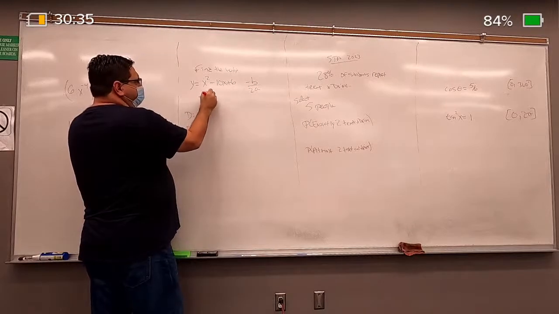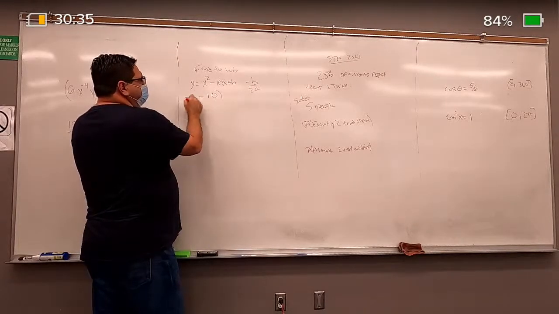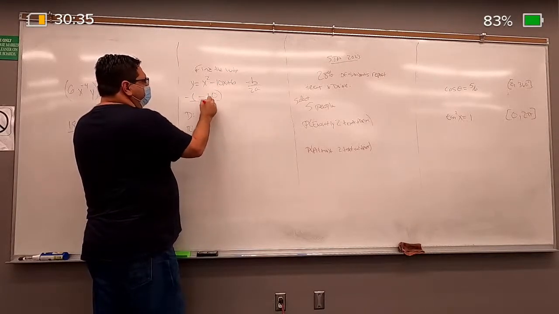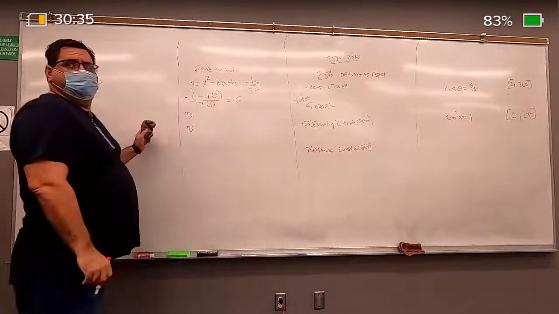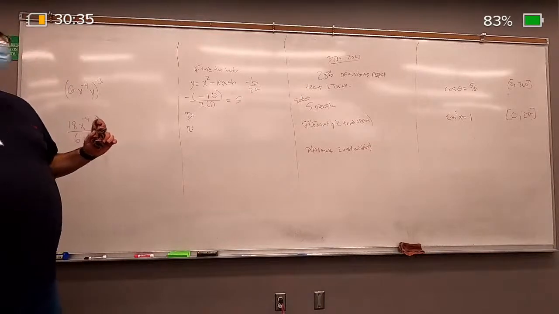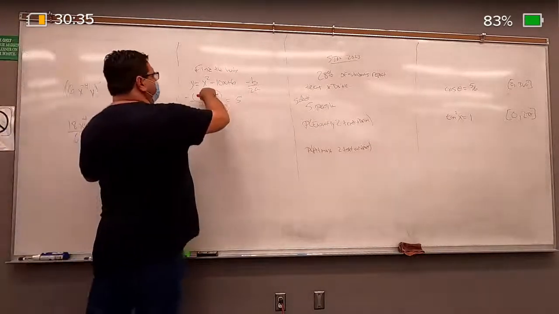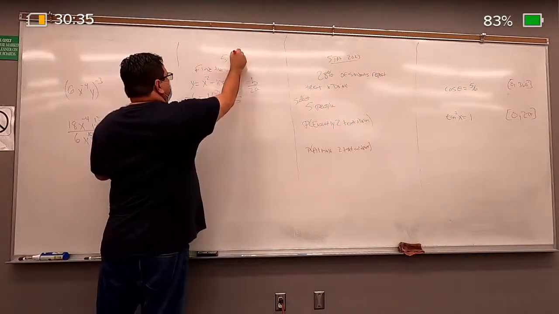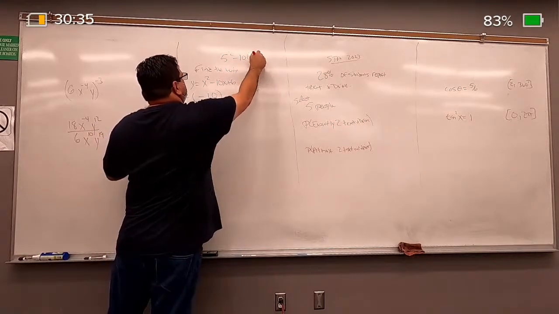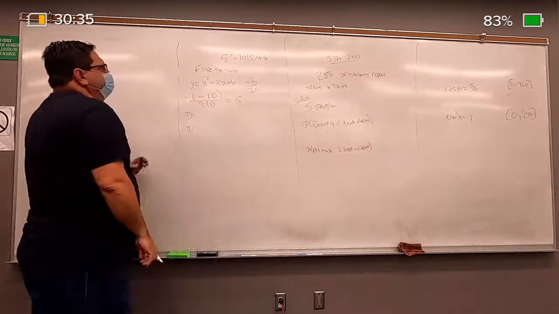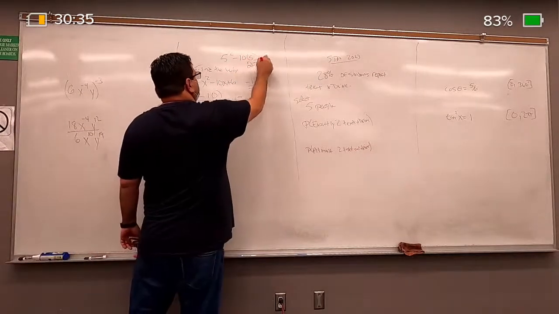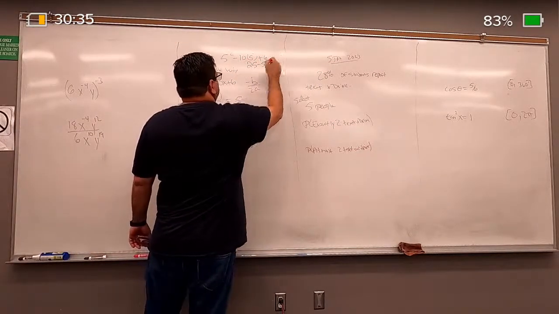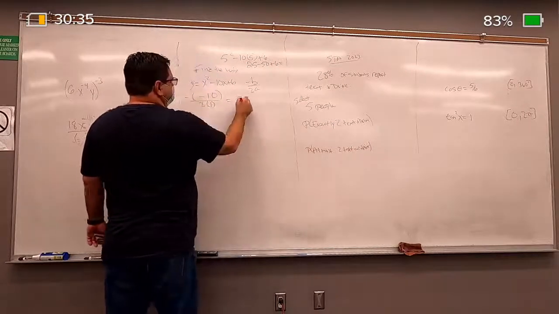So it's negative negative 10 over 2 times a, which is 5. And then you take the 5 and plug it in. 5 squared minus 10 times 5 plus 6. 25 minus 50 plus 6 is negative 19.